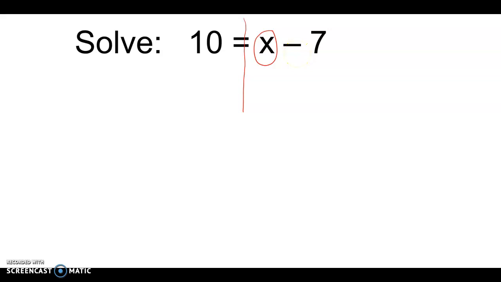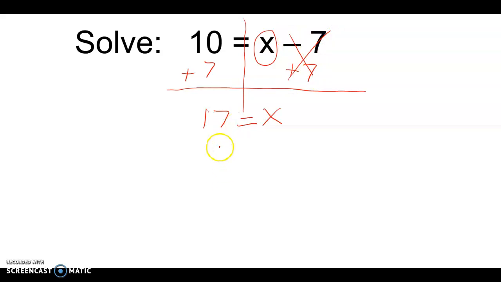So we have to get rid of the negative 7 by adding 7. If you try to move the 10, you're going to get a wrong answer. So now we go 10 plus 7, that's 17, equals x. And the negative 7 and positive 7, they cancel each other out because they're opposites. Now you can rewrite that with the x first. So x equals 17.